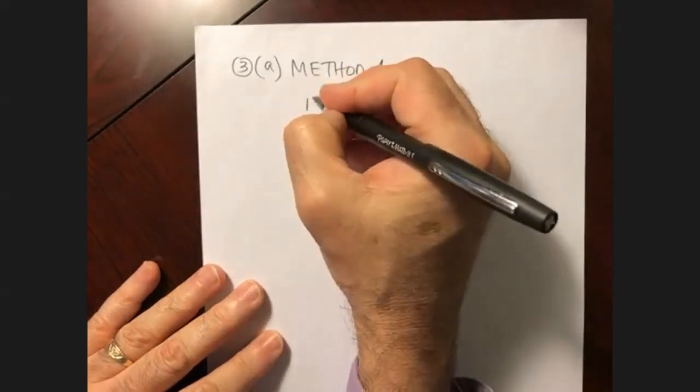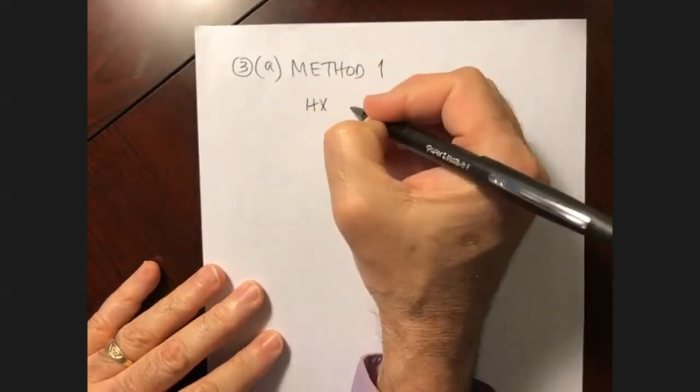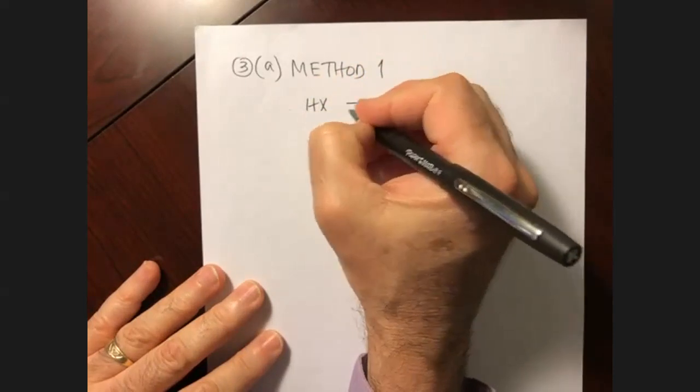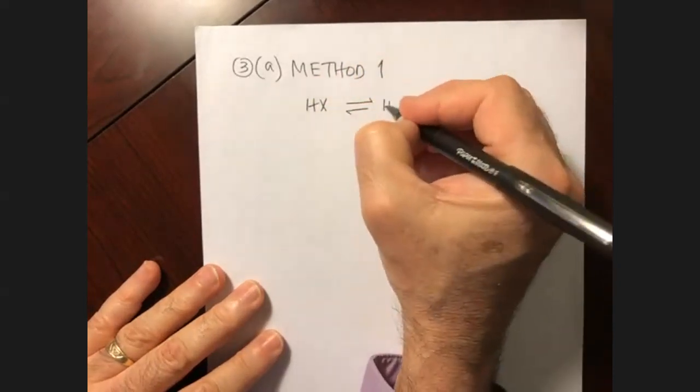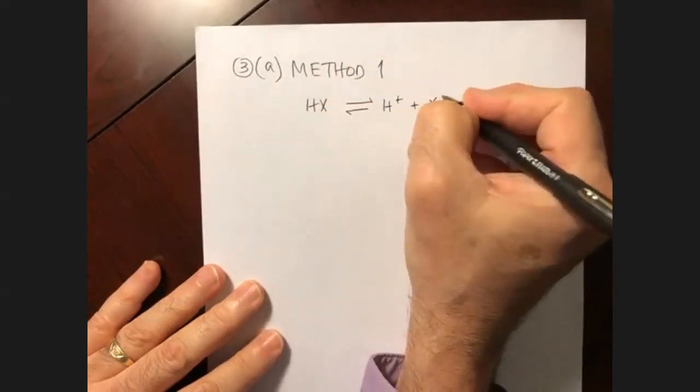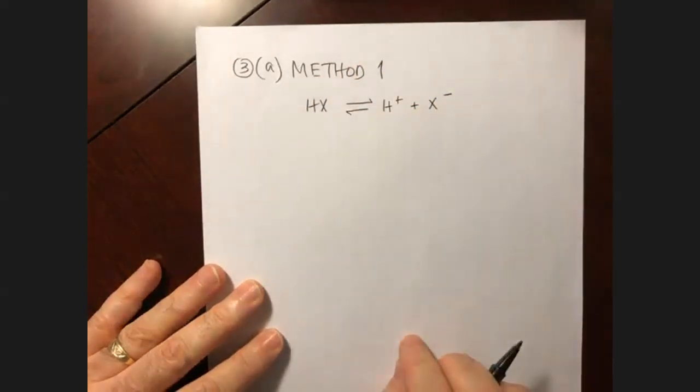All right, so let's talk about our acid. We're going to call it HX. And as a weak acid, it will ionize into hydrogen and X ions. We are told that it's a 0.200 molar solution.